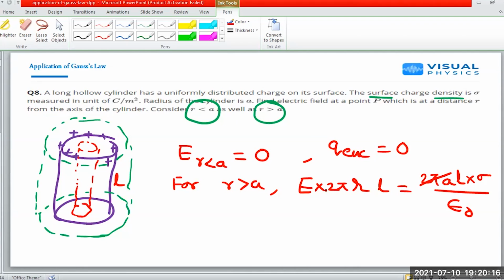So I can cancel 2 pi L. So my E will be sigma a by epsilon naught r.